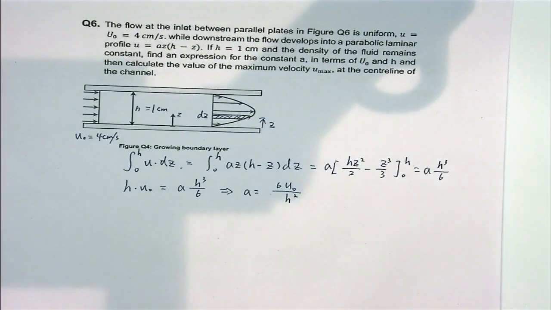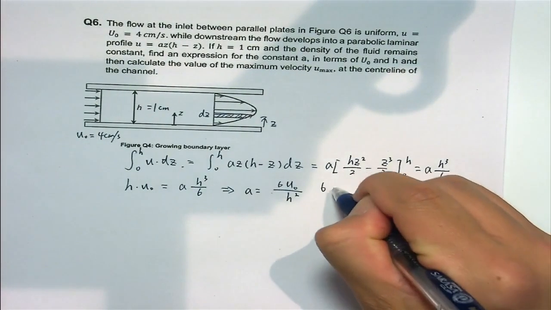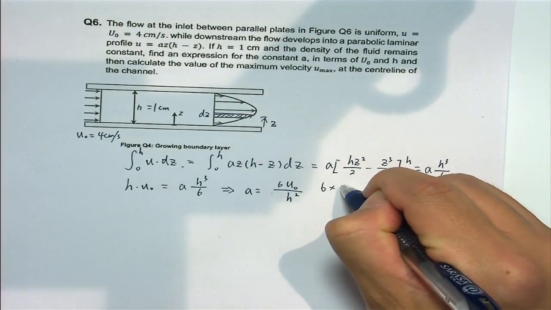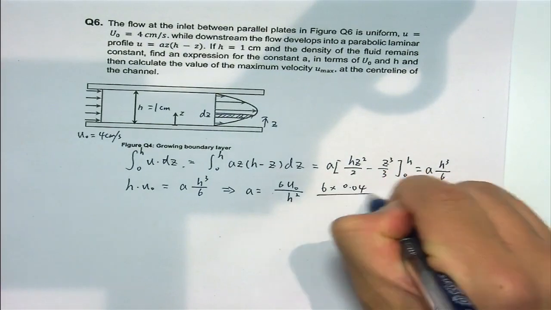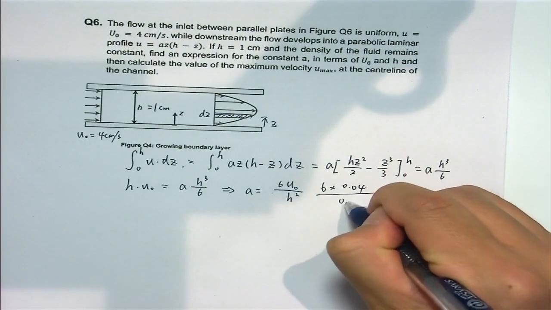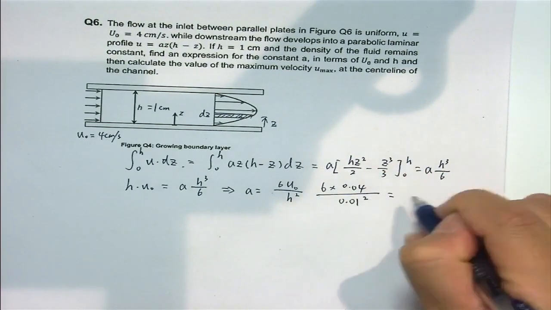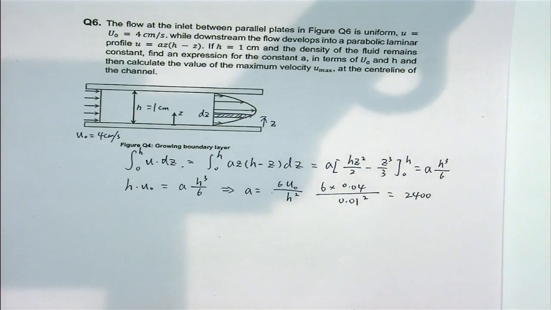And then we can calculate it. U0 is, h squared, which is 2004. So we got A. And we want to calculate the value of maximum velocity on the right.